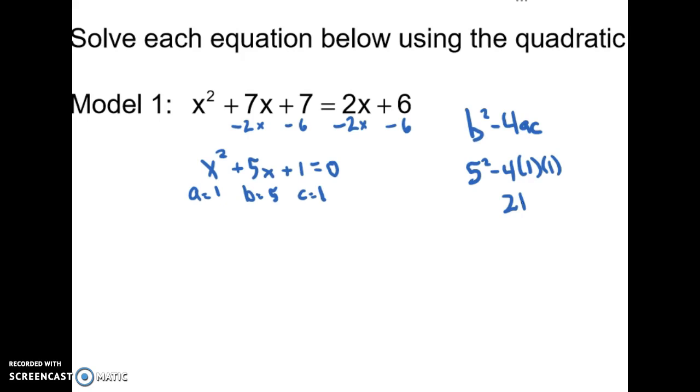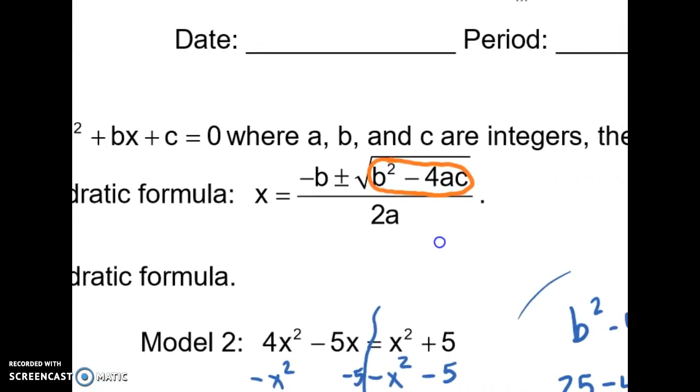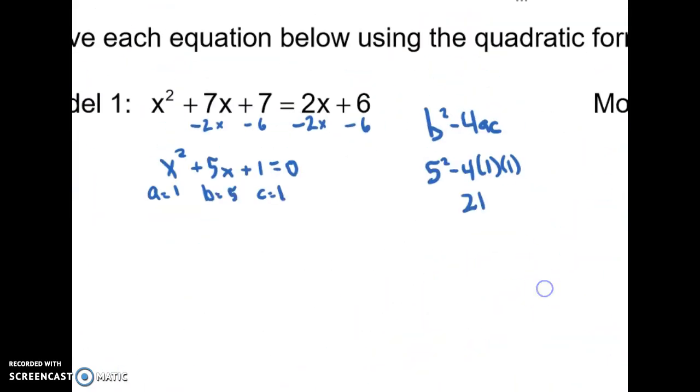Here's the nice part about using the discriminant when we start the problem. Even if we decide, oh yeah, we should use the quadratic formula, it is part of the quadratic formula. It's a little bit nicer not to have to simplify that when it's underneath the radical. So let's see.